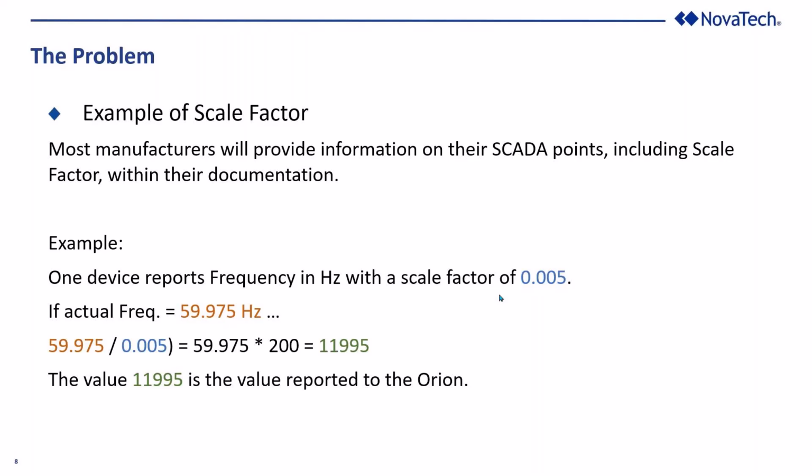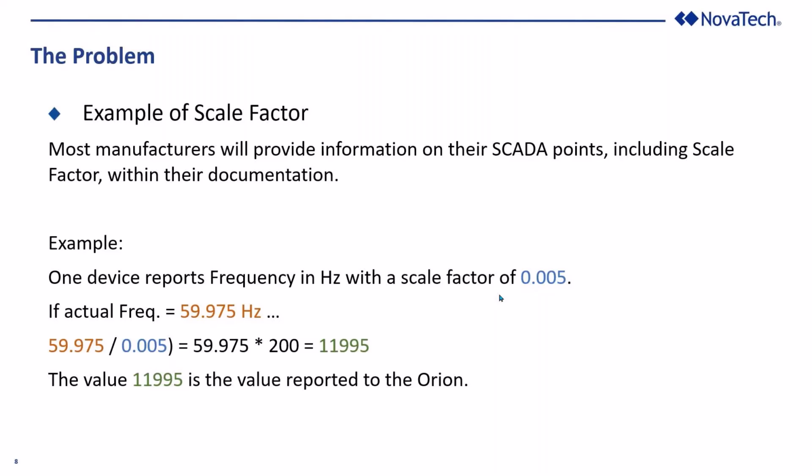So here's an example where, let's say the frequency on a device is measured at 59.975 hertz. Now, in their documentation, they say that they have a scale factor of 0.005. Based on that information, it's easy to calculate what the integer value will be that is sent through their communication protocol to a SCADA RTU.